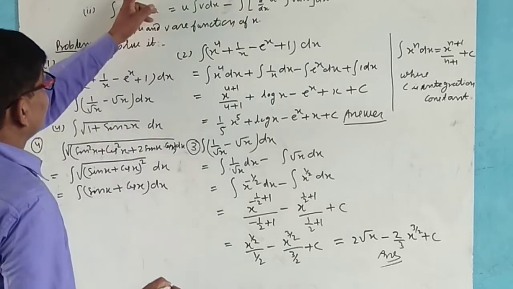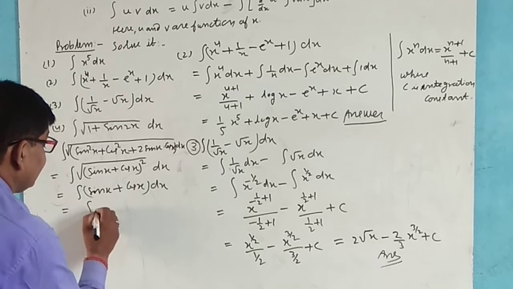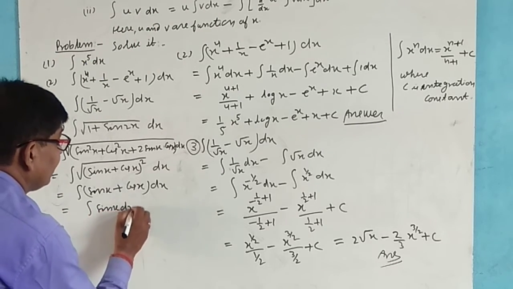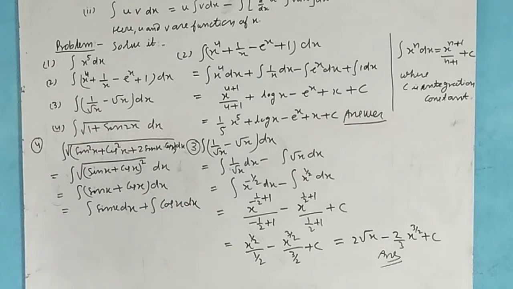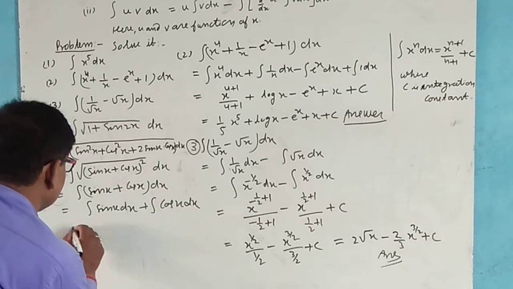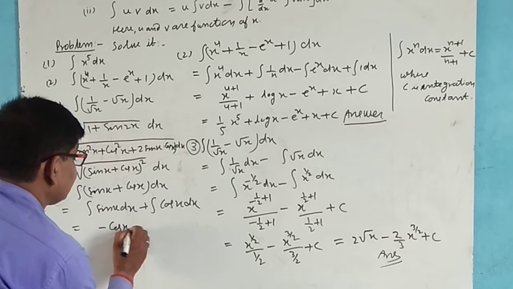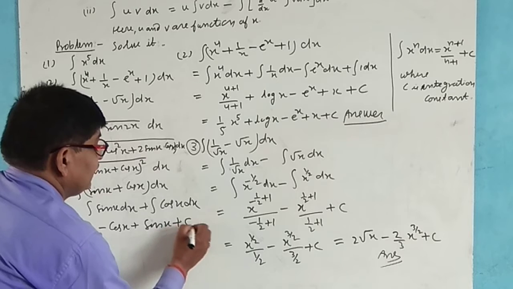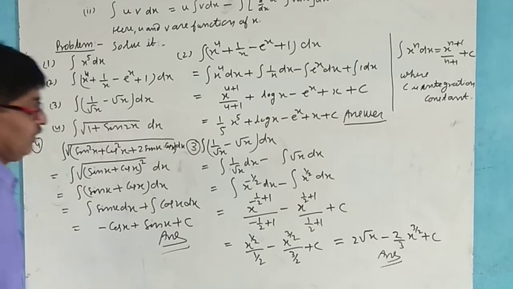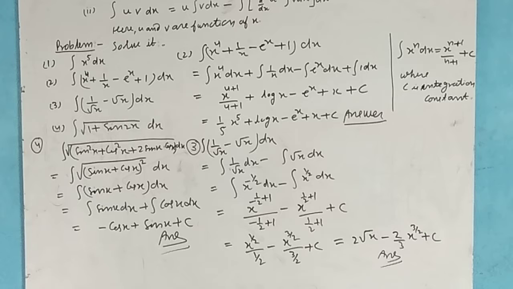With the help of the sum rule this can be written as integration of sin x dx plus integration of cos x dx. Now, as you know, integration of sin x is equal to minus cos x. It can be written as minus cos x plus sin x plus integrating constant c. This is our answer: minus cos x plus sin x plus c.